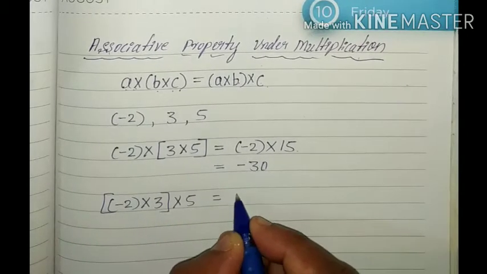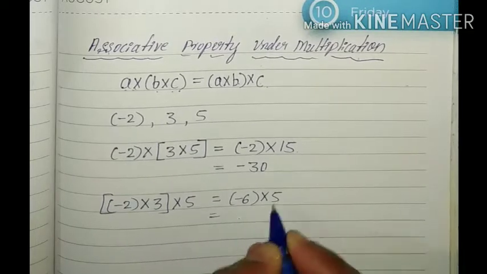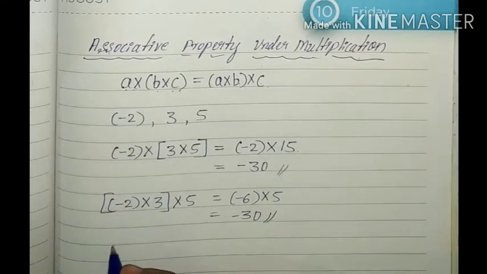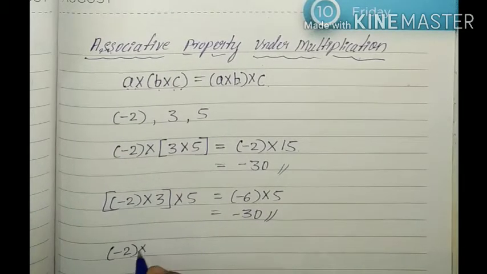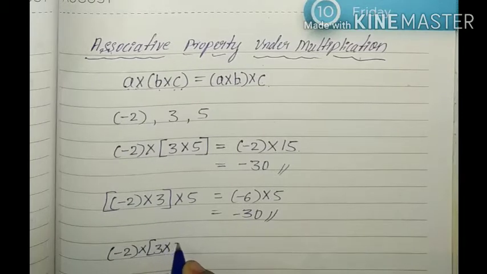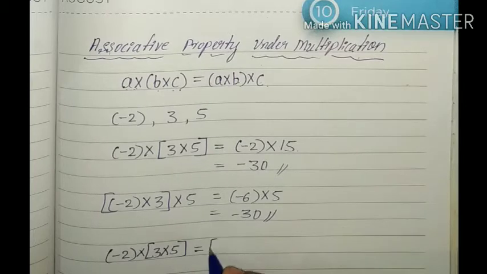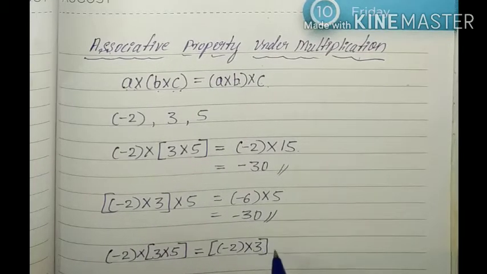Minus 2 into 3 is what? Minus 6 into 5. 6 5s are 30. So both answers are same. Hence, associative property under multiplication is satisfied.